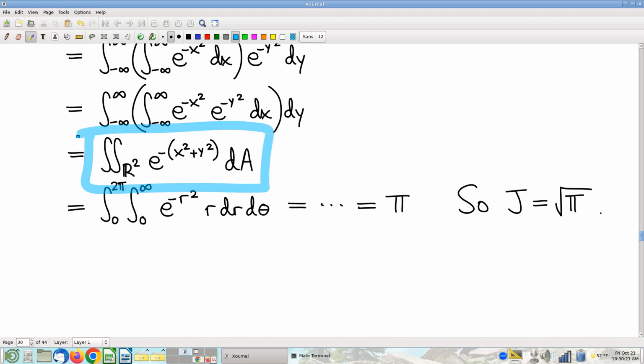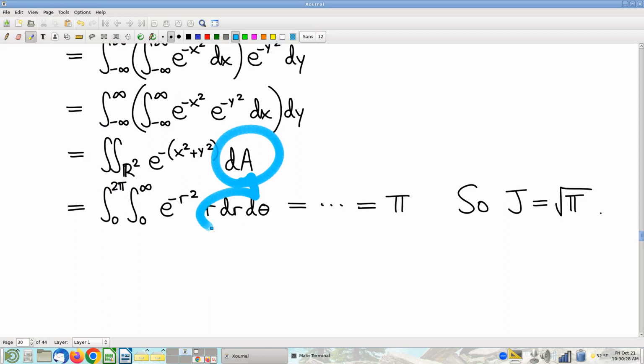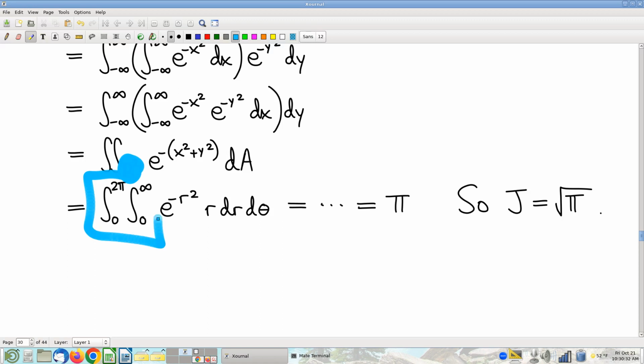I'm going to compute this double integral with polar coordinates. And, well, dA is r dr d theta. If you're in R2, then theta goes all the way around, and then for any such direction, r is just going to go all the way from 0 to infinity. That's all of R2. Right? So I've just rewritten it in polar coordinates. I've rewritten the x squared plus y squared as r squared. So here's the polar coordinate version of the integral.